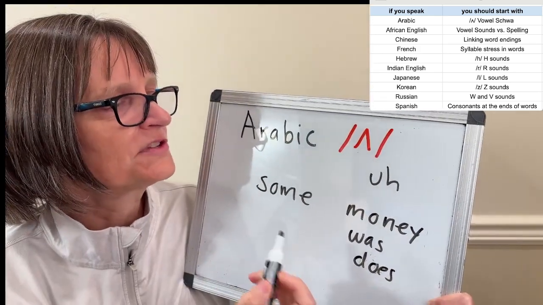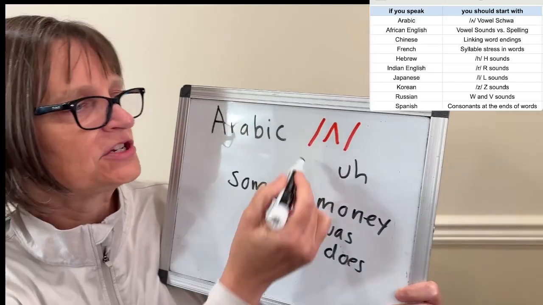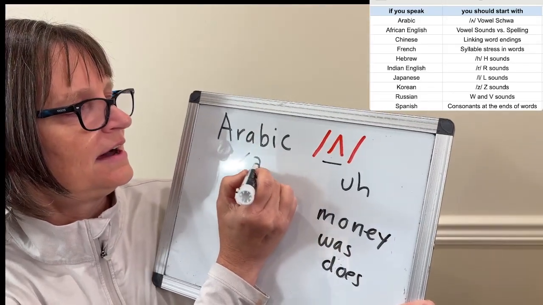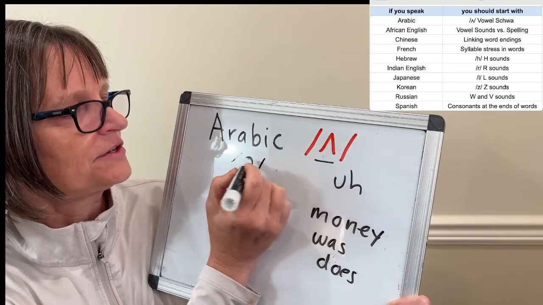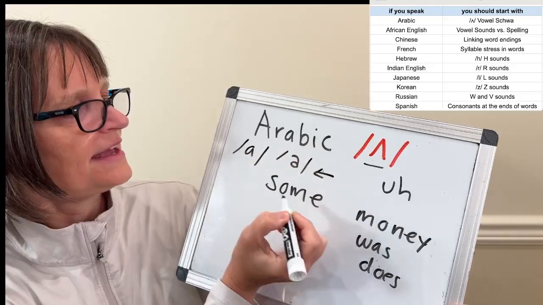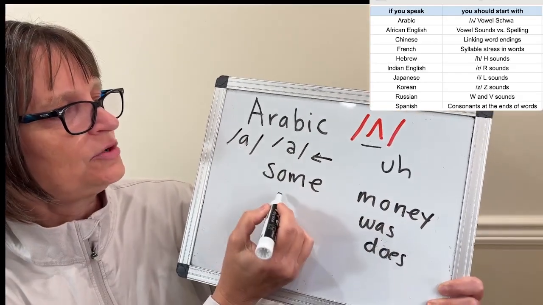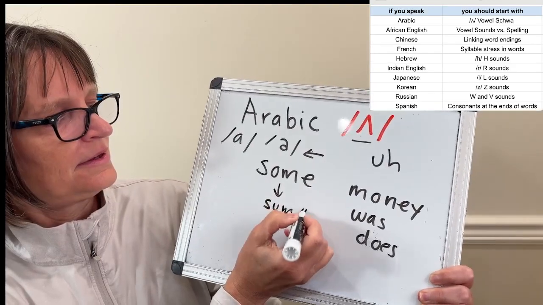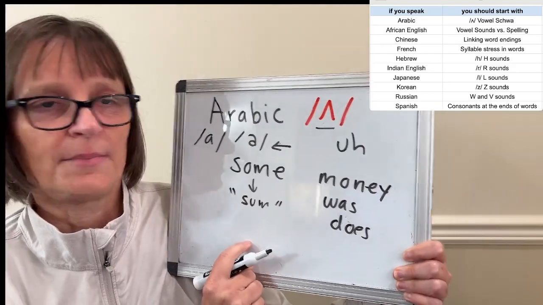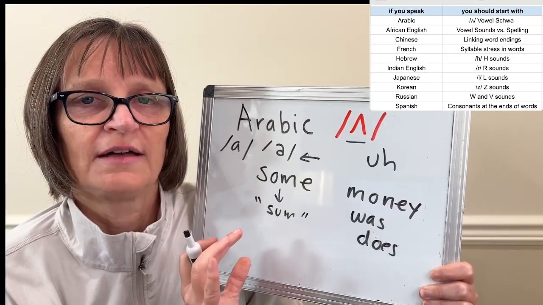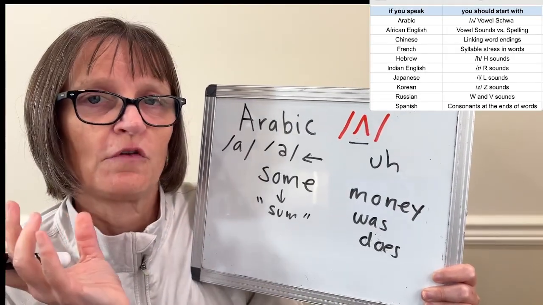For Arabic speakers, the most important thing is to make a distinction between the schwa sound and the other sound. So Arabic has this sound, American English has this sound, and basically you have a tendency, instead of saying some, to say it more like some. So being able to differentiate between words that have one sound and words that have the other is very difficult for the ear.